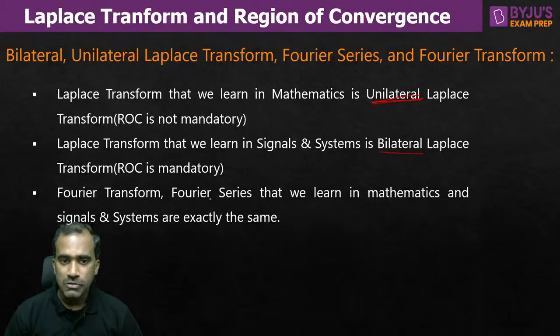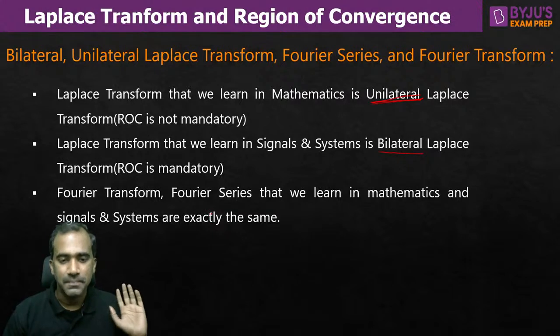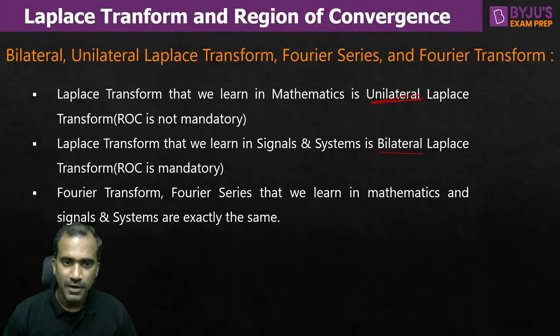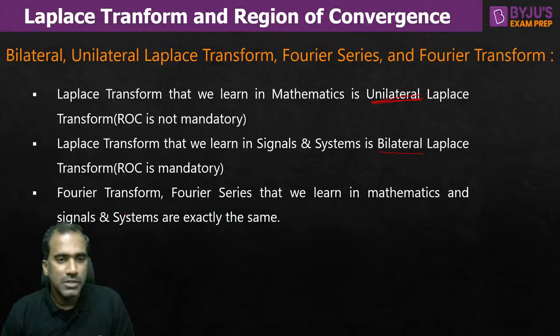Next, Fourier transform and Fourier series that we learn in mathematics and signals and systems are exactly the same. There is no difference. Whatever formulas you remember in mathematics are exactly the same in signals and systems also. But in signals and systems, we explore it in a little more detail. We go more conceptually by applying it to systems.